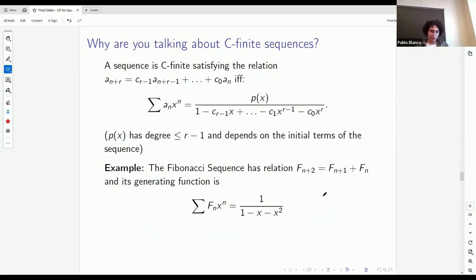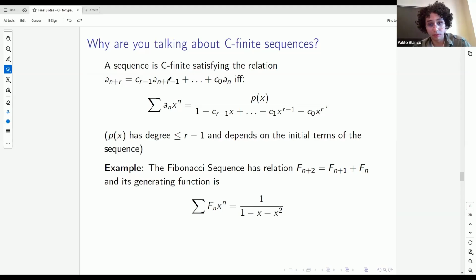So why am I talking about C-finite sequences? Well, the nice thing about C-finite sequences is they have a nice generating function. They have a rational generating function, in fact. And the denominator is going to encode your recurrence relation.